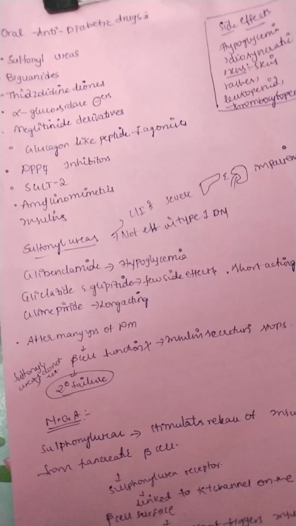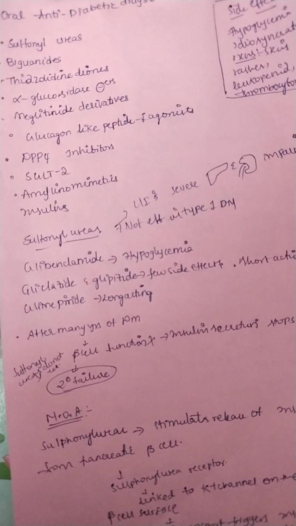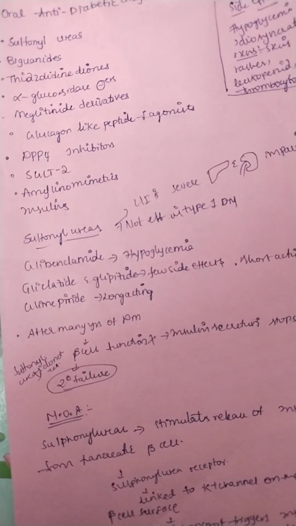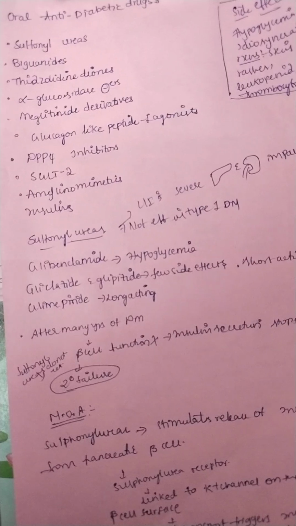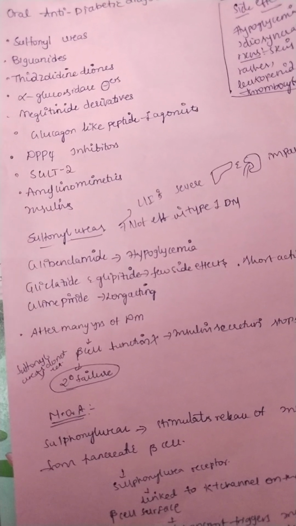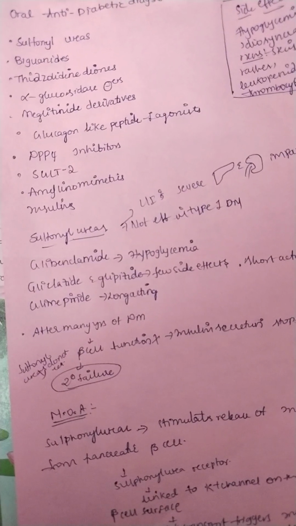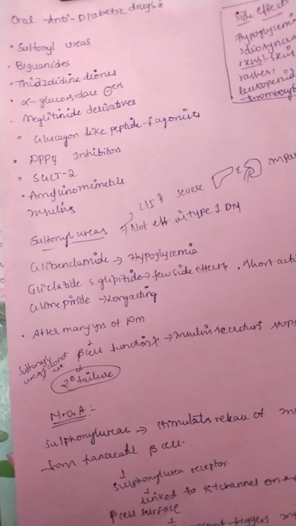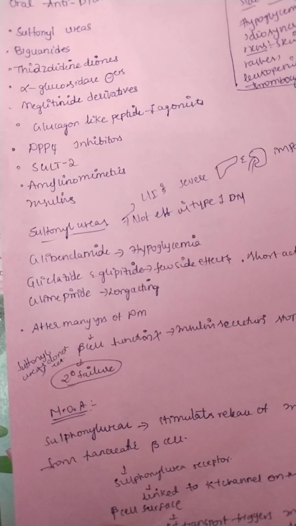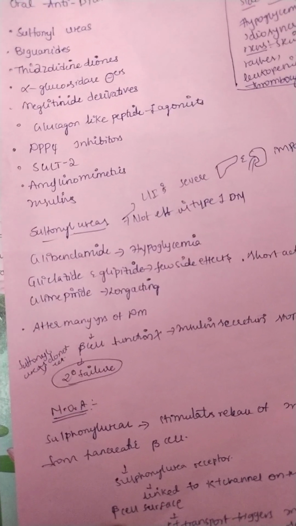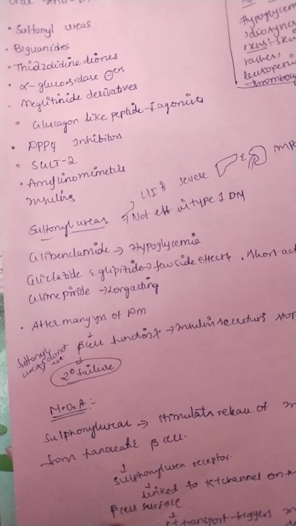So coming to oral antidiabetic drugs, we have sulfonylureas, biguanides. Biguanides means metformin, which is a commonly used antidiabetic drug. Thiazolidinediones, alpha glucosidase inhibitors, meglitinide derivatives, glucagon-like peptide 1 agonists, DPP4 inhibitors, SGLT2 inhibitors, amylin mimetics, insulins.